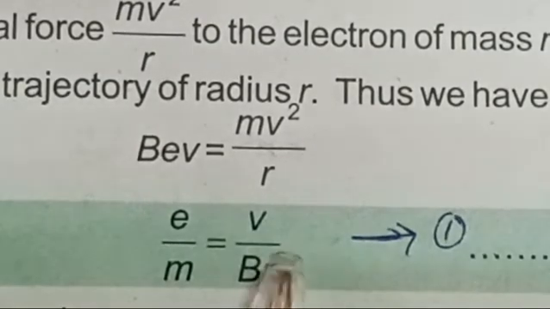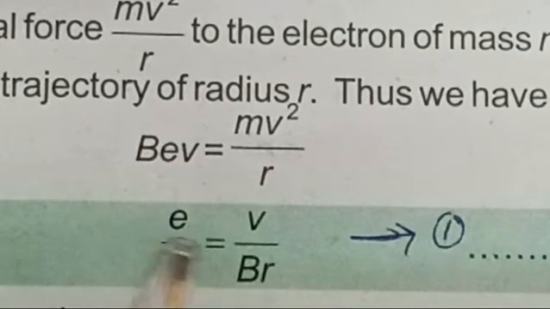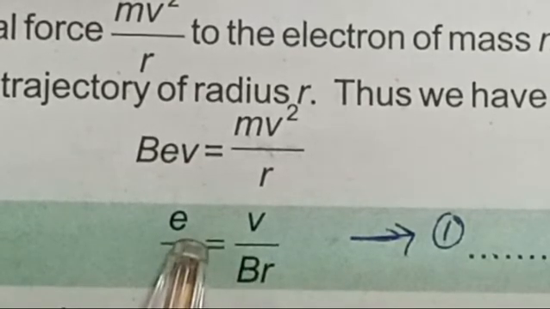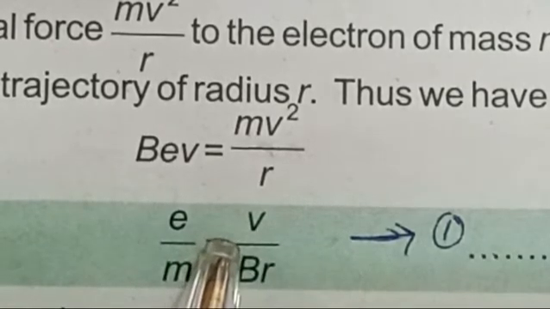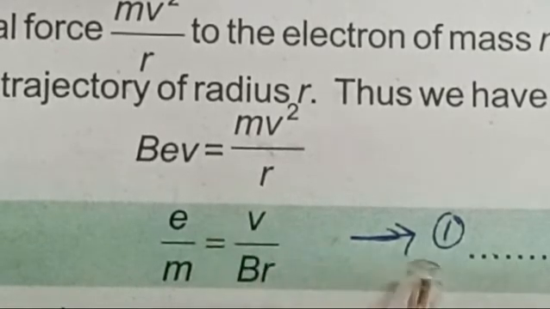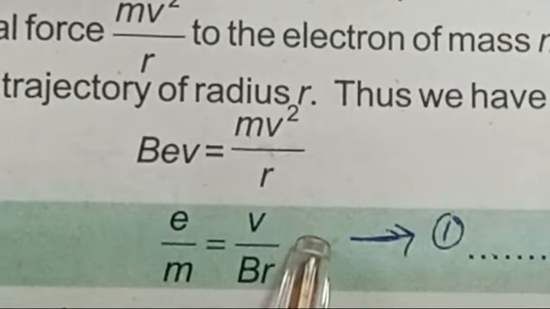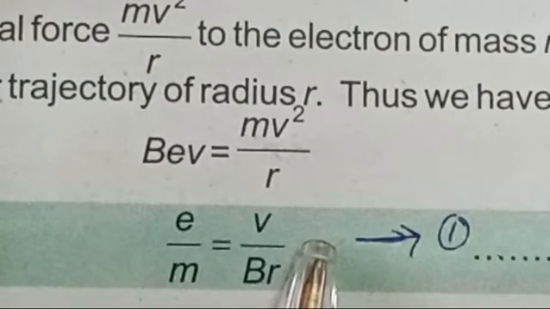This radius is calculated by another experiment, in which a glass tube is filled with a gas such as hydrogen at low pressure. This tube is placed in a region occupied by a uniform magnetic field of known value. As a circle is formed under the action of the magnetic force, then with the help of the apparatus we can easily calculate the radius.